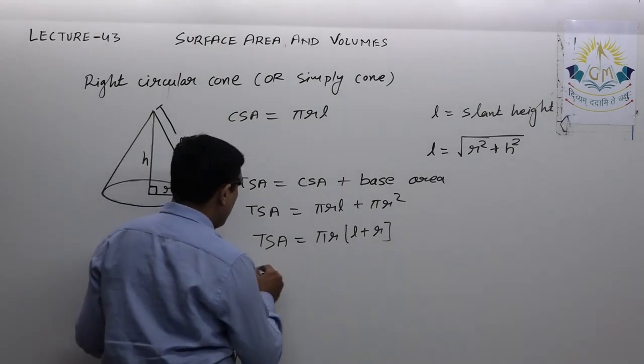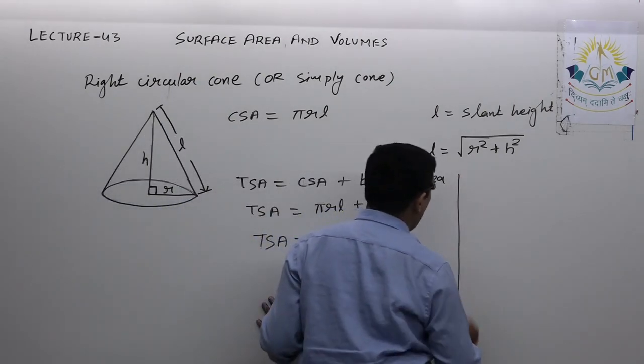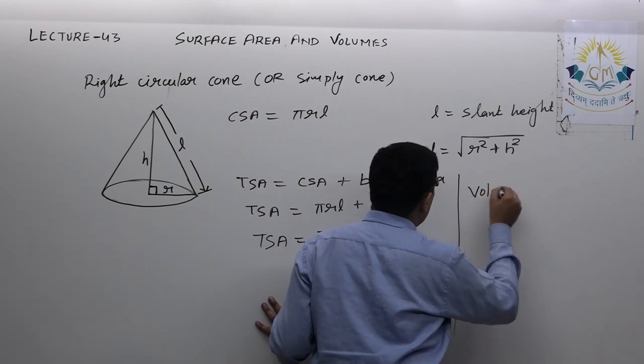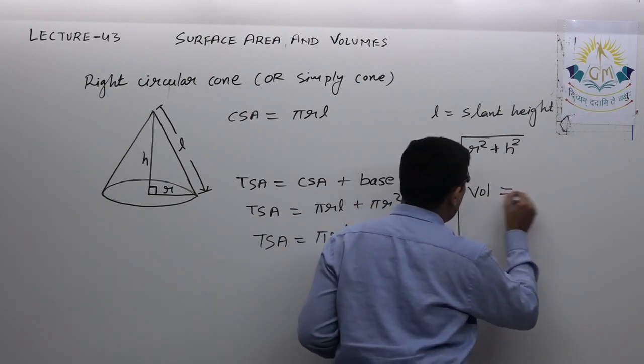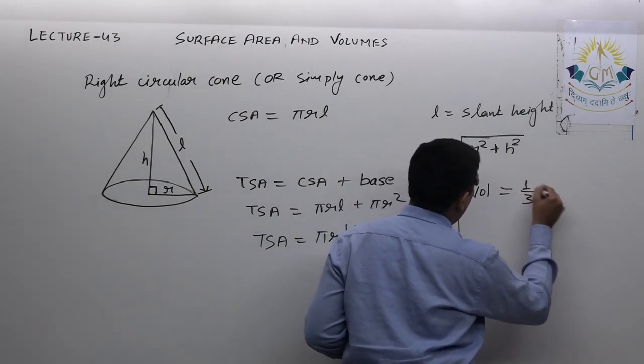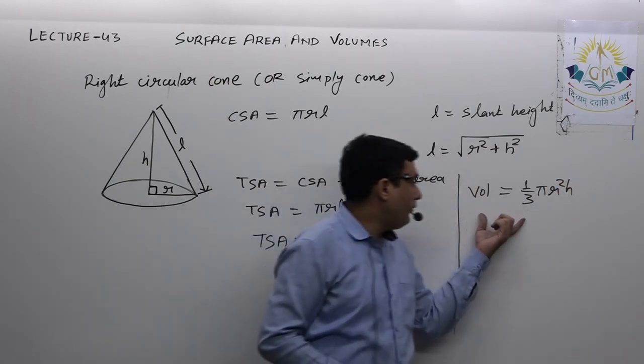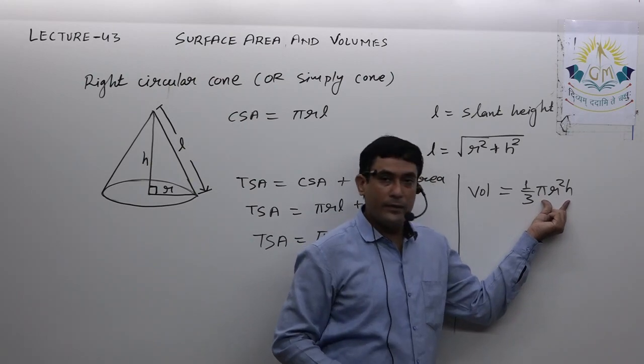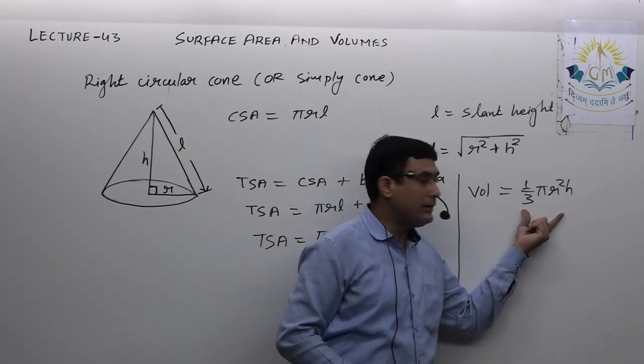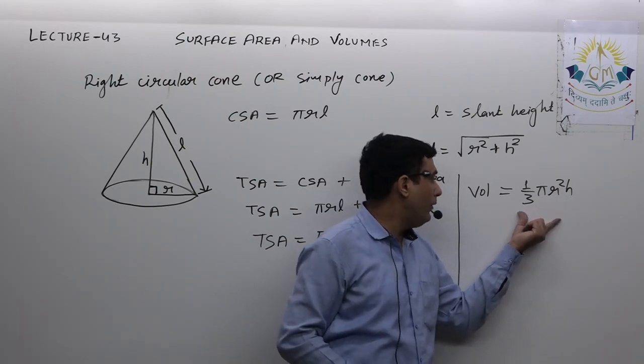Now next is volume, the volume of cone. You can directly remember it, that is 1 by 3 pi r square h. For better understanding, pi r square h is the volume of a cylinder, and 1 by 3 pi r square h is the volume of a cone.